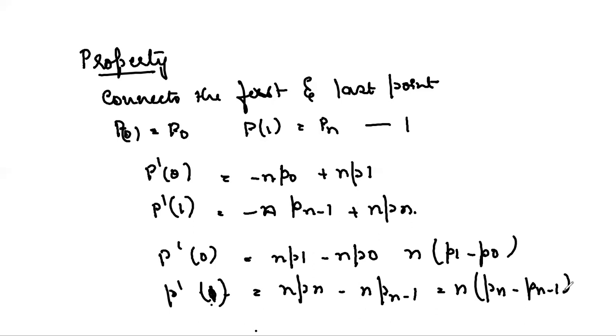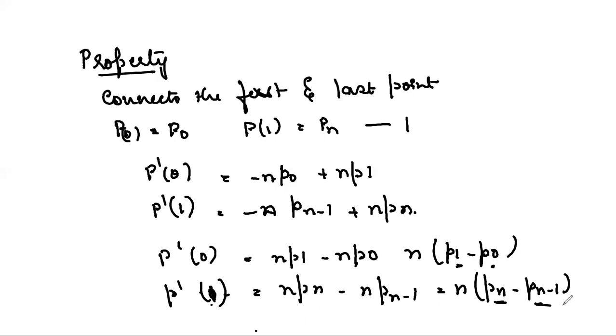The above expression shows that the slope at the beginning of the curve is along the line joining the first two control points. Similarly, the slope at the end of the curve is along the last two endpoints. That is what we are trying to see here.